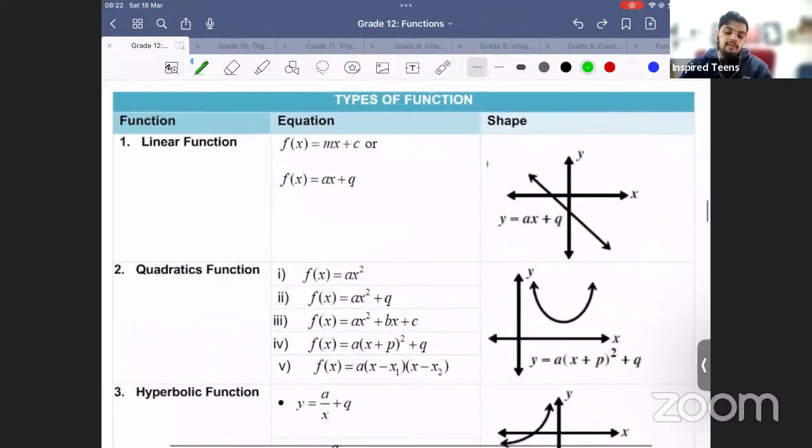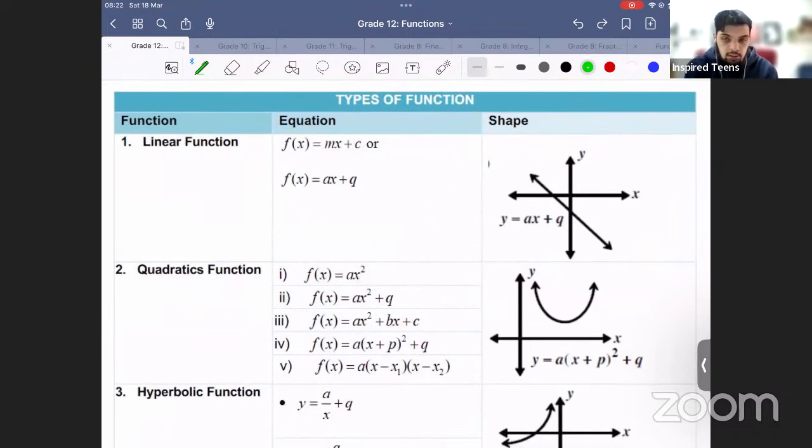Okay, so here what I have is a quick summary of the equations that we did and more or less the shapes of each graph. We have a linear function, which is known as a straight line graph or straight line function. It has the equation y is equal to mx plus c. And this is the shape.